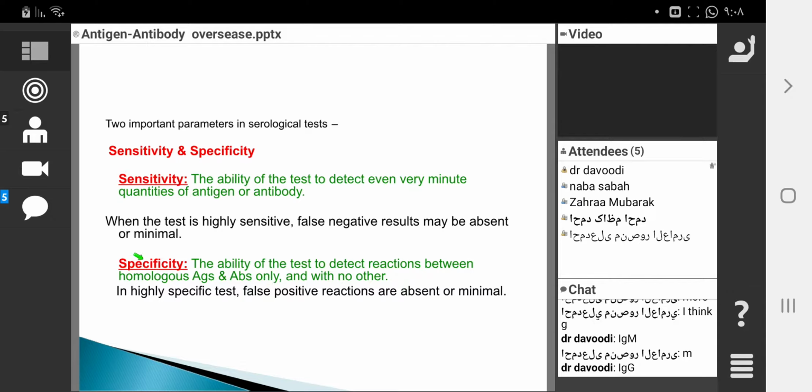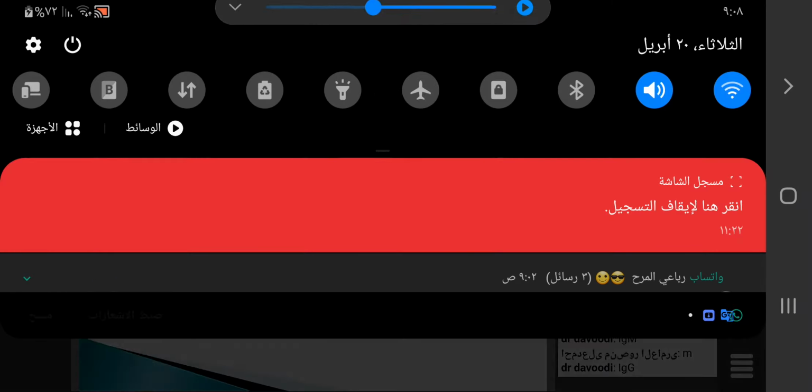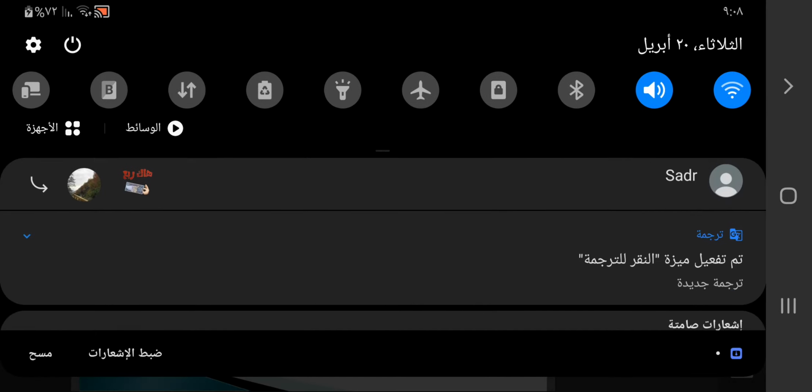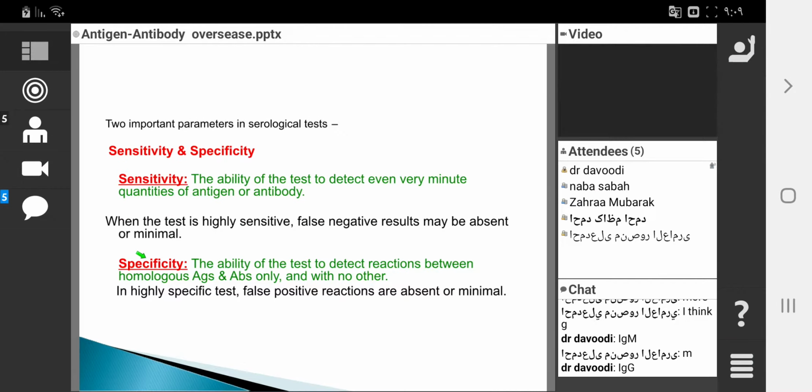It means that if two antigens are partially the same, I mean they have some epitopes which are similar, maybe the test can detect both of them, and it is called a false positive result.